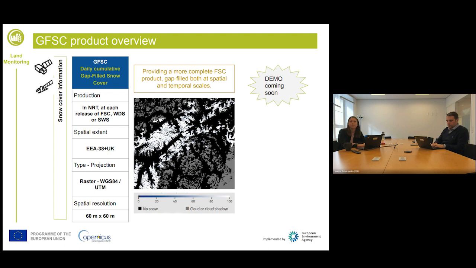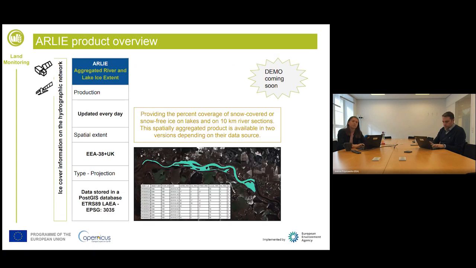This is the raster product at 60-meter resolution, provided in near real time at each release of fractional snow cover with dry snow product or SAR wet snow. And is provided in WGS 84 projection. The demo on this product is coming afterwards.